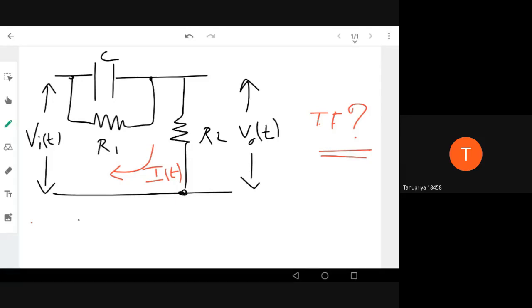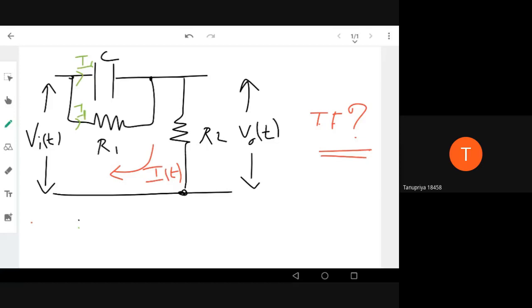Okay, so have you tried this? First, did anyone get the transfer function? Okay, first you can see one thing. There's a current passing through this capacitance and also through this resistance.